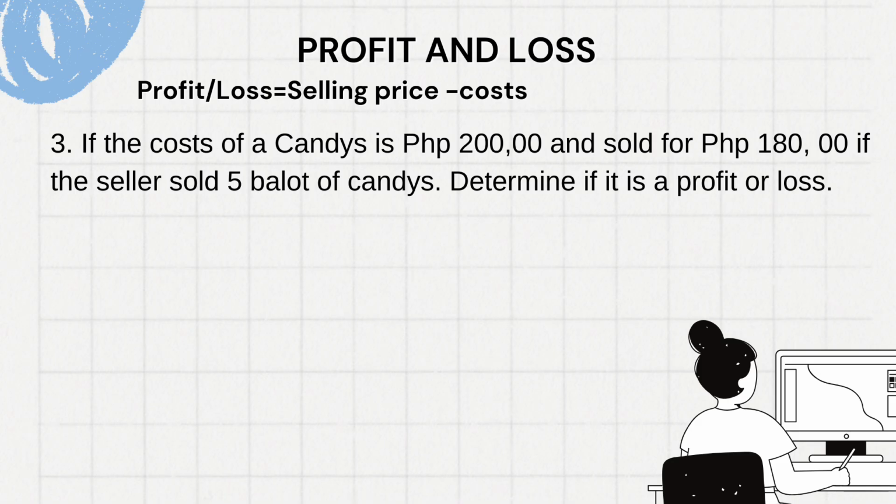Next is number 3. If the cost of a candy is 200 and sold for 180, if the seller sold 5 candies, determine if it is a profit or loss.